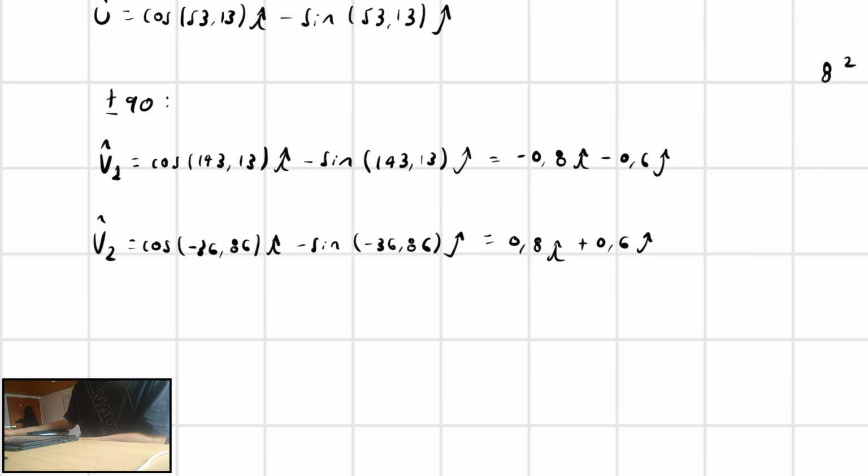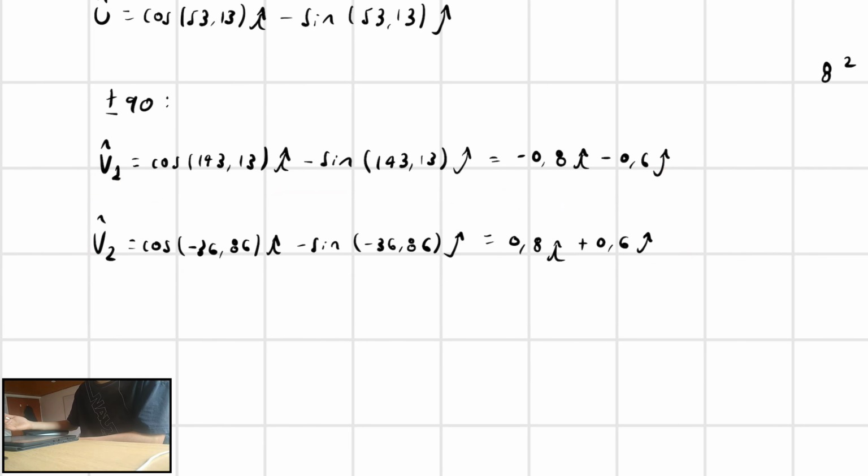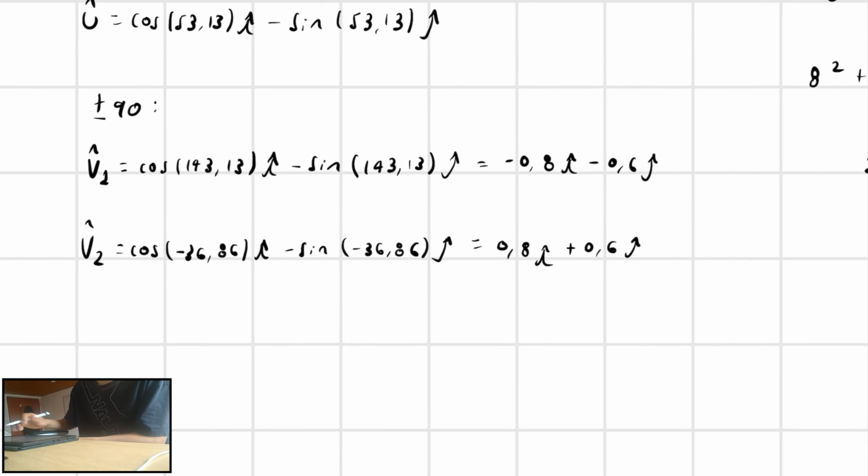Alright, so we have the unit vectors for the solutions of b, but we need the vector, not the unit vector.